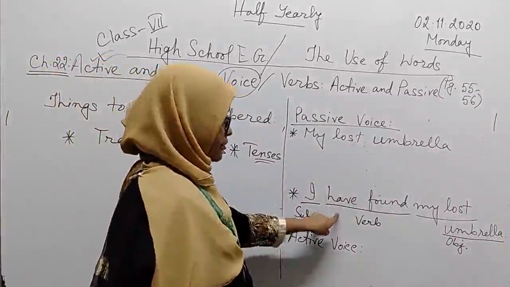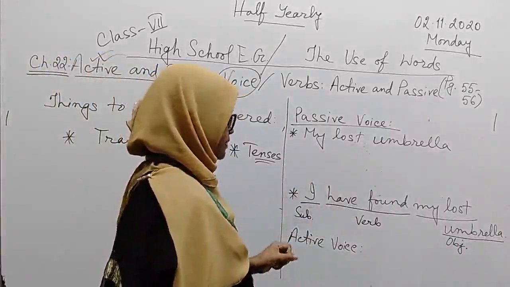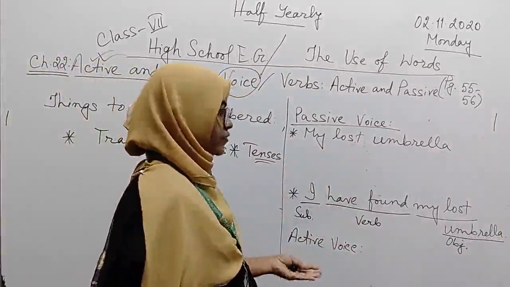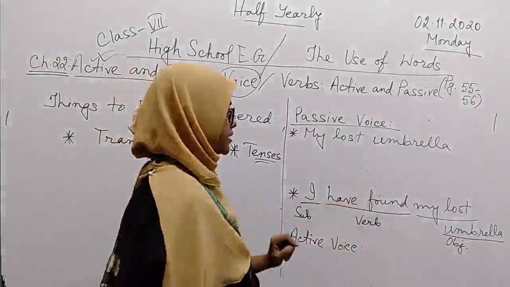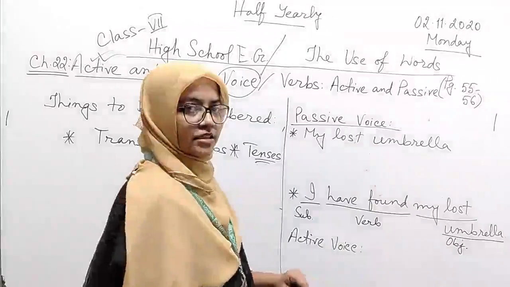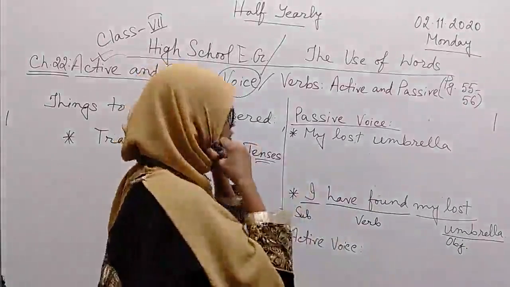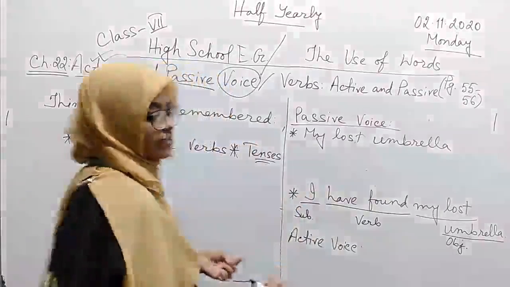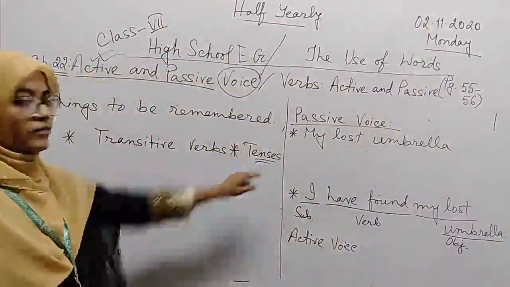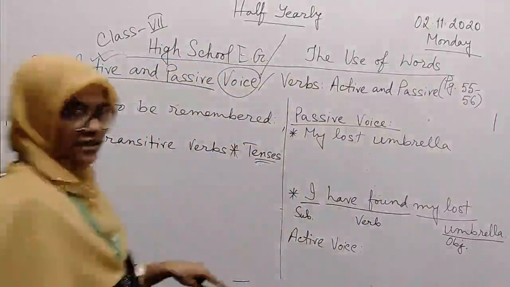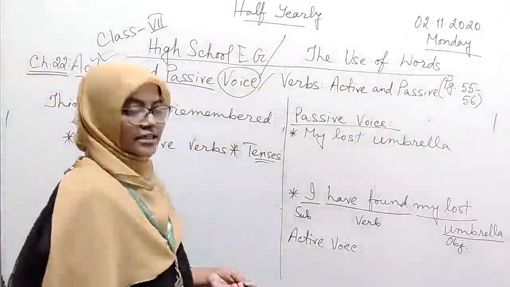Notice that the verb in here is in the perfect form, right? In the perfect tense. Have found is present perfect, alright? You will find a chapter dealing with the tenses in this term. So you will study that chapter.